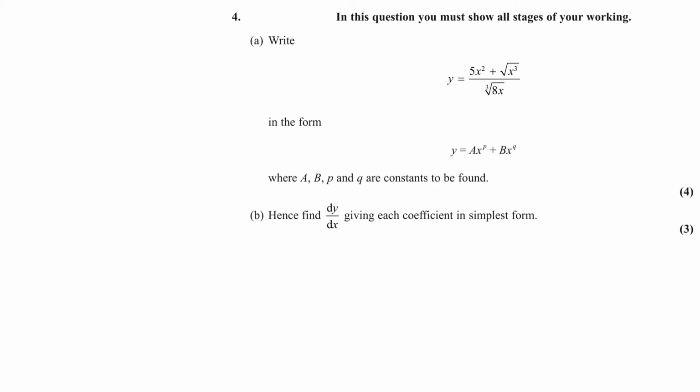Okay, question number 4. We've got to write this in terms of indices. So first thing I want to do is write it as a separate fraction. And this is going to be the cube root of 8x.